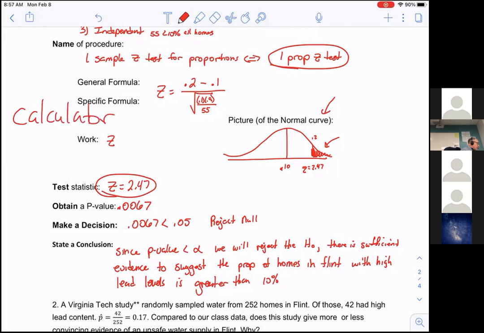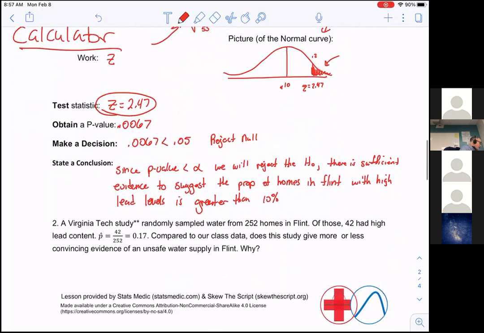In my opinion, that's what we should just do. We can go ahead and show this work. That's fine. I haven't decided if I'm going to make it a requirement on the test or not. Typically on one sample, I'm okay with it because it's relatively simple. When it gets to be two sample, it gets to be a pain, so then I don't worry about it, but there we go.